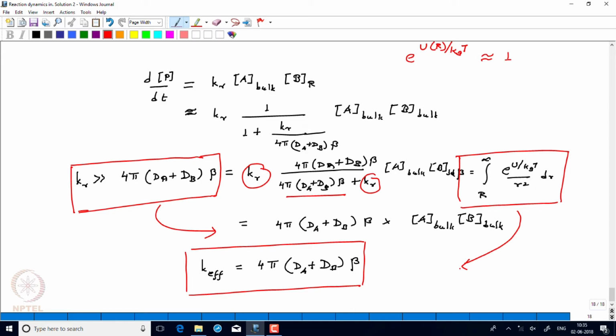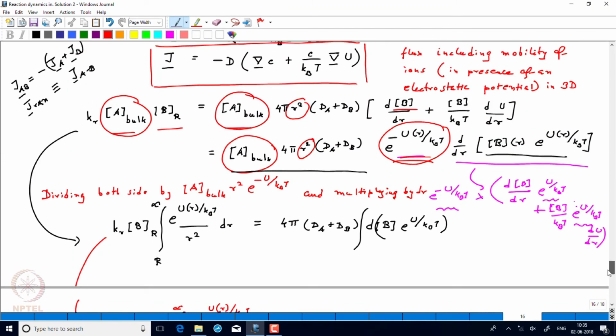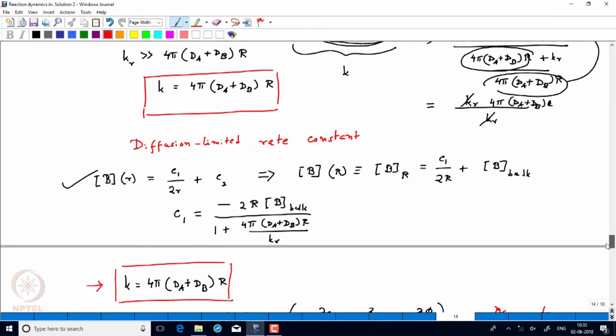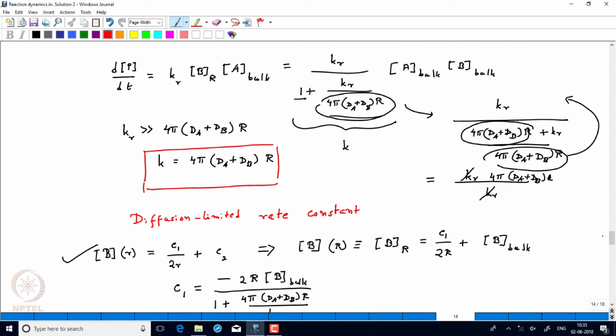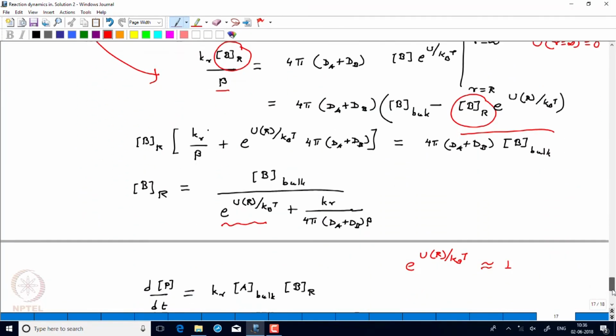The only difference we see under the diffusion limit between the species which are non-ionic or non-charged and the species which are charged is this small difference, beta. And interestingly, the earlier expression contained an R, it was 4 pi dA plus dB into R. Now dimension-wise it should be the dimension of capital R.